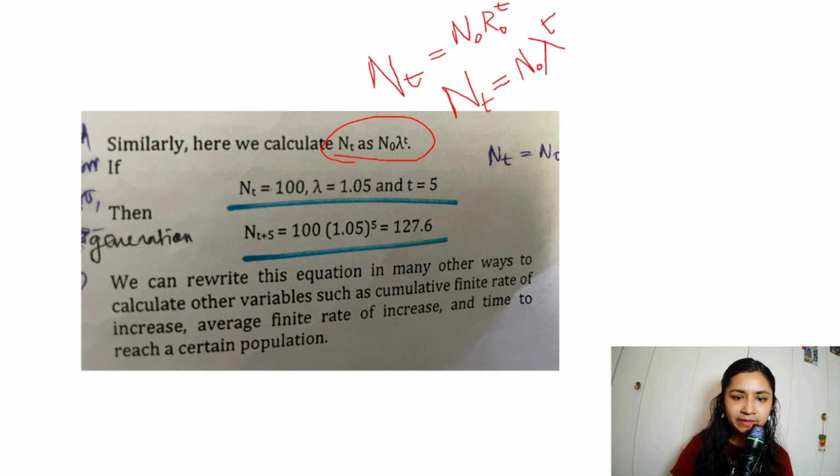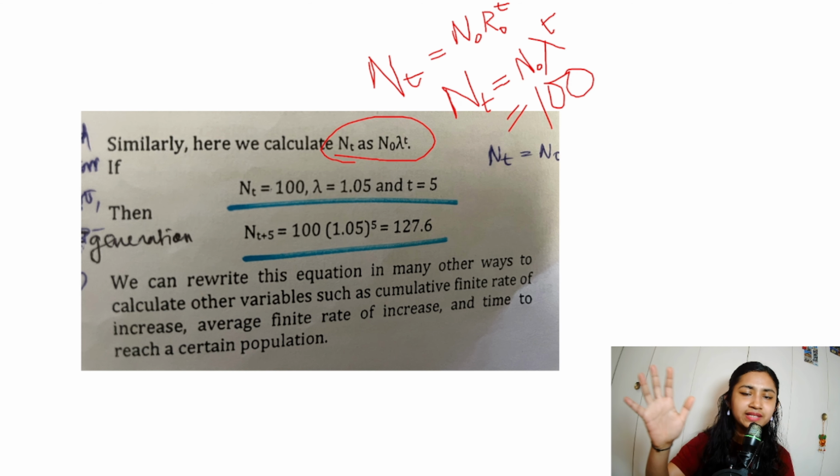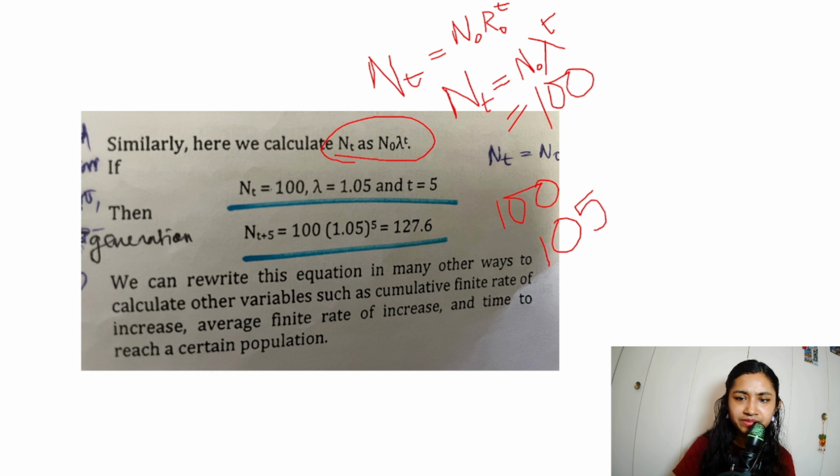Our initial population N0 is 100, and it increases 5% per year. So if at year 1 it is 100, at year 2 it will be 105.